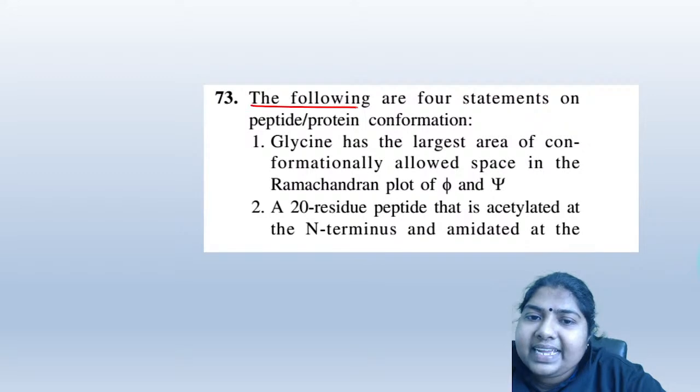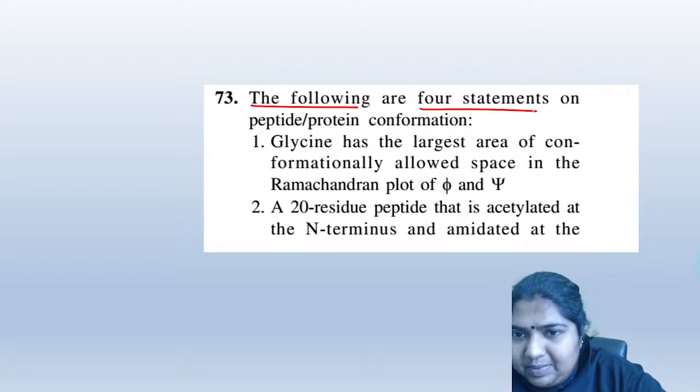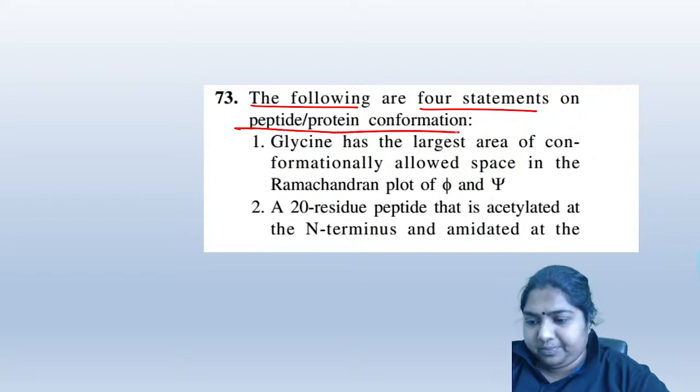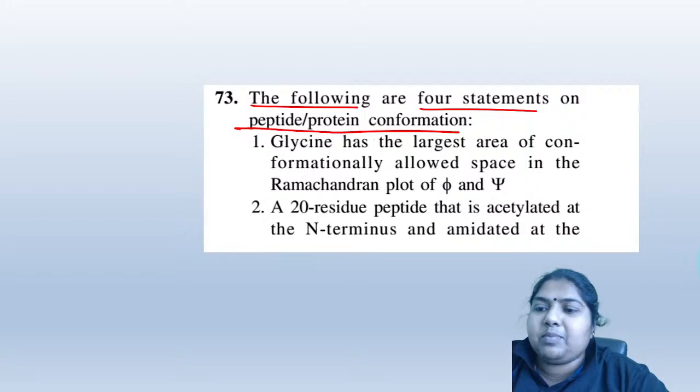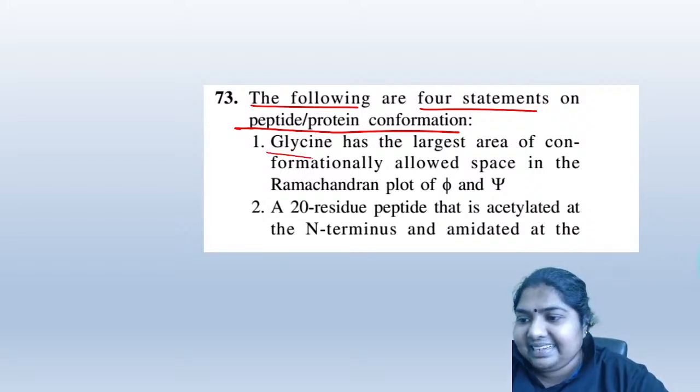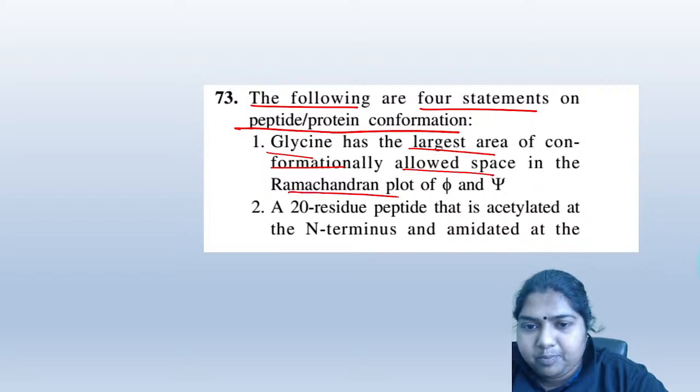The following are 4 statements on the peptide or protein conformation. Okay, right. So we'll go statement by statement. The first statement says that glycine has the largest area of conformationally allowed space in the Ramachandran plot.